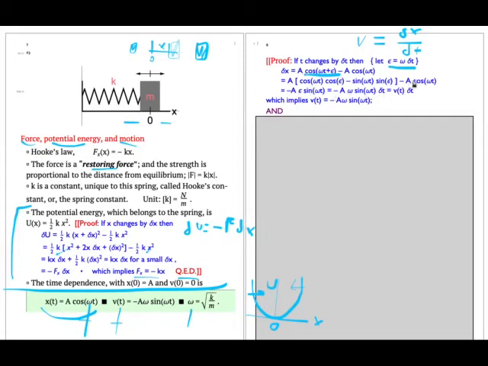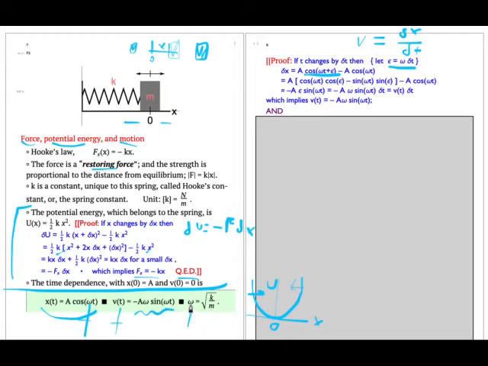And delta x has to be v times delta t by this equation. V is delta x divided by delta t, so multiply both sides of the equation by delta t. Delta x is v times delta t. Well, if I look at the equation, v is minus a omega sine omega t. And that's what I have here.